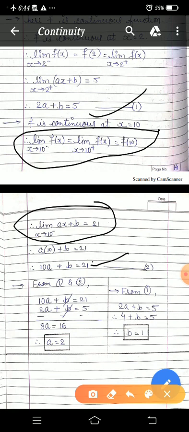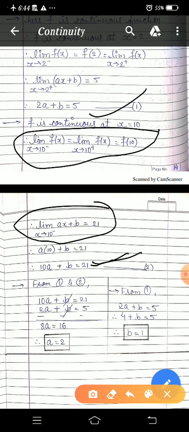Now we can clearly see that in equations 1 and 2, two unknown values are there, that is a and b. And if we recall our 10th standard, the simplest method to solve these equations is the elimination method. In equations number 1 and 2, the coefficient of b is 1.